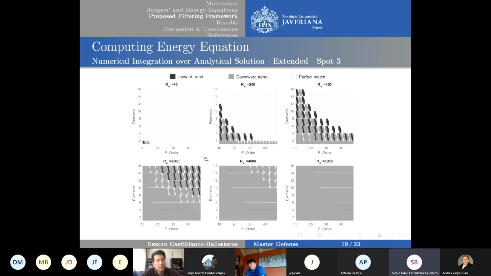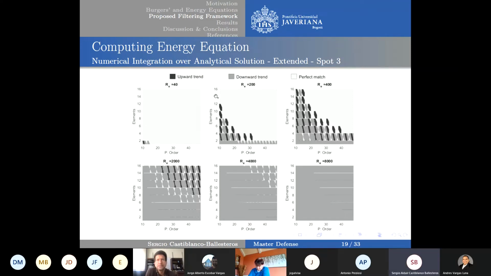So these plots right here are an extension of the previous analysis to other combinations of number of elements and polynomial order. The different colors represent the trend of the energy balance over time: upward, downward, or perfect match.